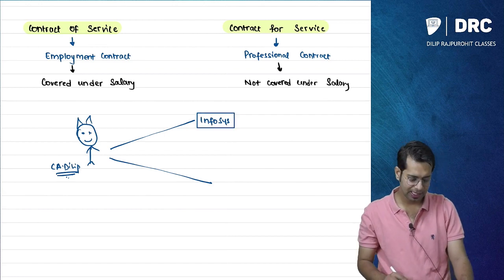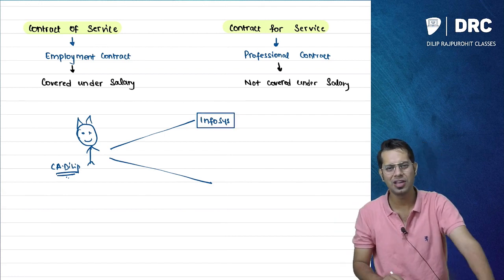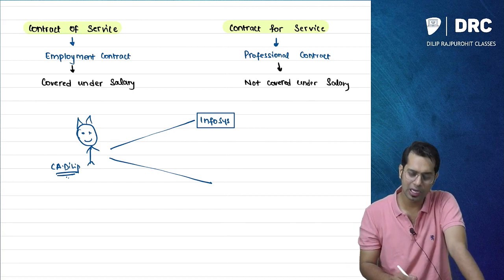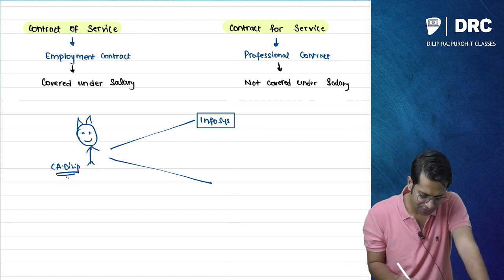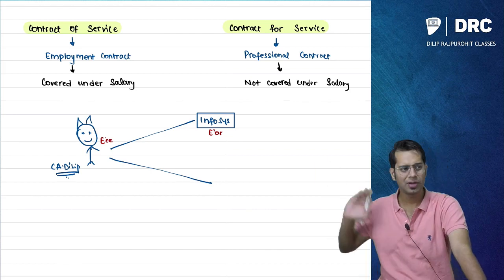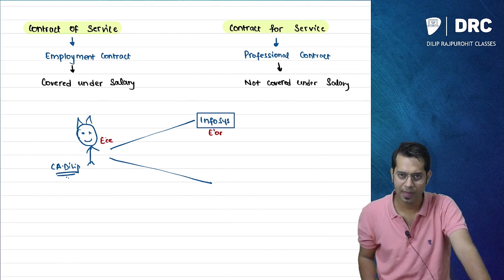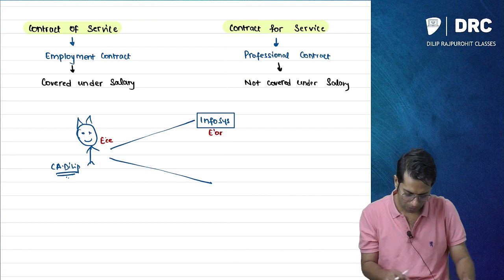Case number 1, example number 1, I am working for Infosys. Because I am working for Infosys, Infosys is my employer and I am an Infosys employee.